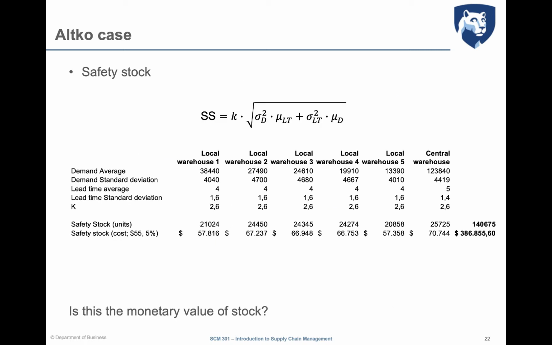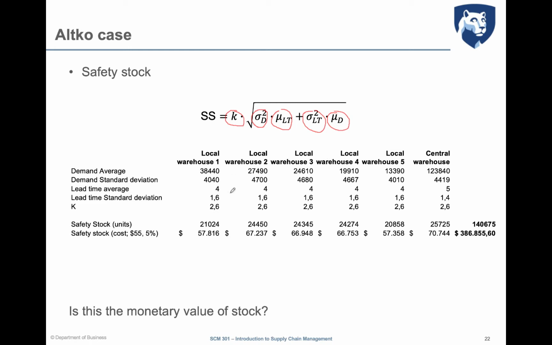So remember that the safety stock formula is the level of service multiplied by the square root of the standard deviation of the demand multiplied by the average value of the lead time plus the standard deviation of the lead time multiplied by the average value of the demand. You have safety stock in the local warehouse and in the central warehouse.